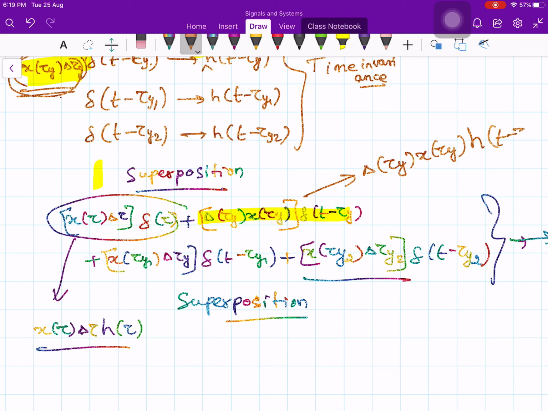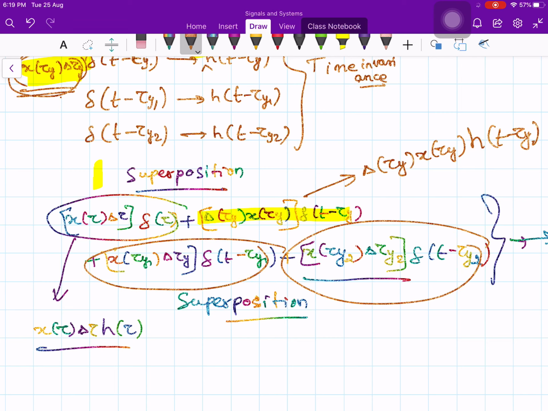Similarly, the second term also gives an impulse response, and the third term also gives an impulse response. You sum up all the impulse responses.